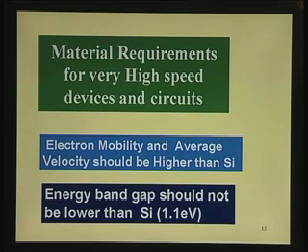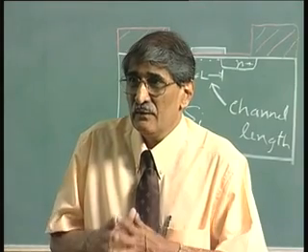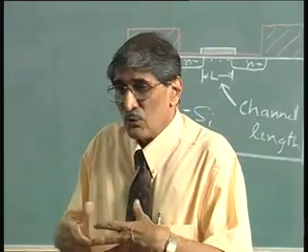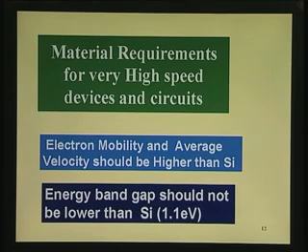So, ultimately then what we see is, now you see we have come from the circuits to the devices, then from devices we found now you have to go to new materials, different materials. This is the theme of high speed circuits. Finally, okay, you have to go to better materials. So, material requirements for high speed devices and circuits.